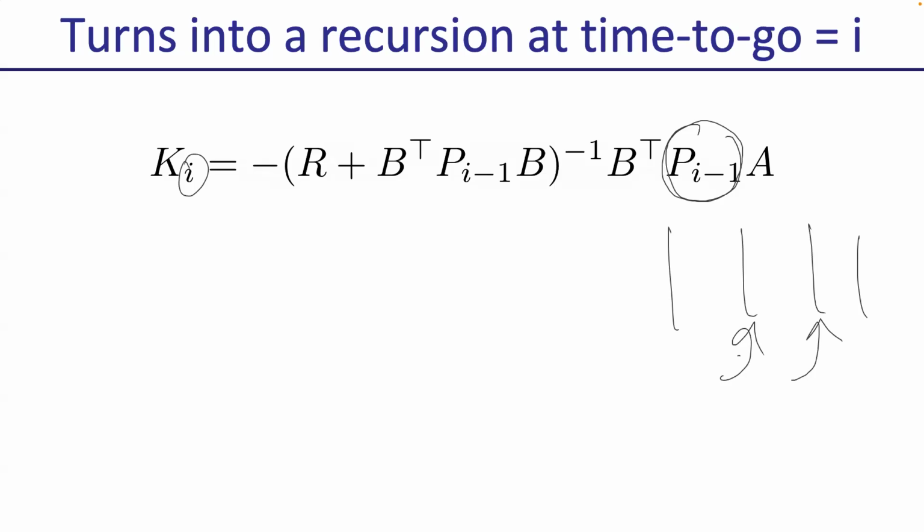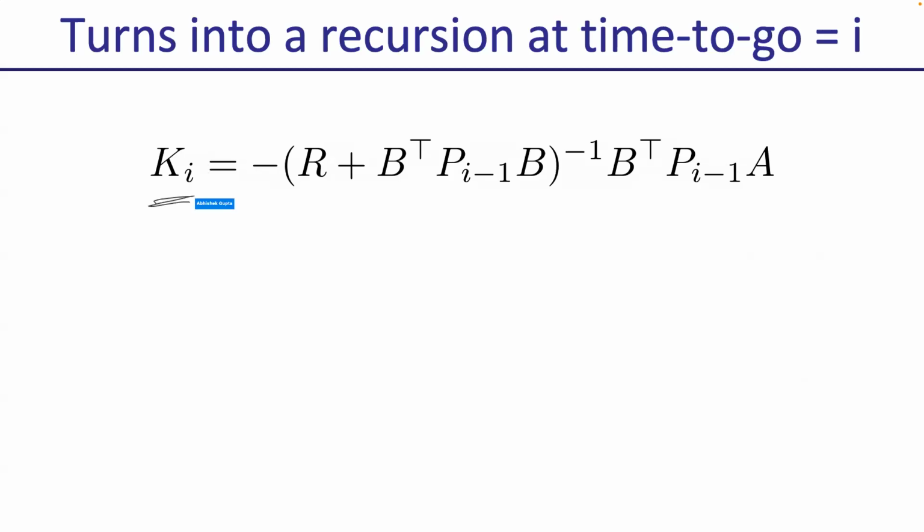So you want to go backwards. Think of it as going backwards. I will start from 0 and go to T, but 0 means last time step, T means the first time step. They're going backwards. That's the part that's a little confusing here. But you can express your K as a function of Pi minus 1 and entities that you know, like the dynamics of your system and the cost.